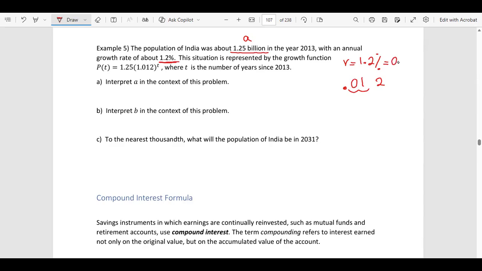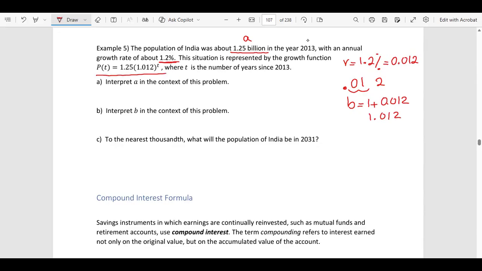So the answer is 0.012. That is the growth rate. But if you want to find b, which is the growth factor, you say 1 plus r, or 1 plus 0.012, which is 1.012.